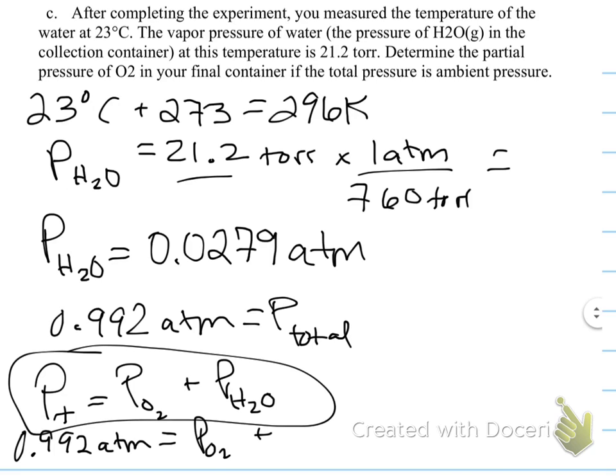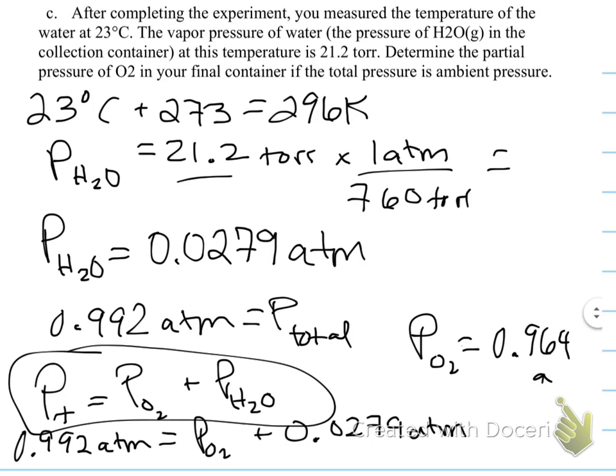So the pressure of oxygen plus water adds up to the total. 0.0279 atmospheres of pressure. So I'm just going to go 0.992 minus 0.0279. And so the pressure of the oxygen is actually 0.964 atmospheres. Okay?